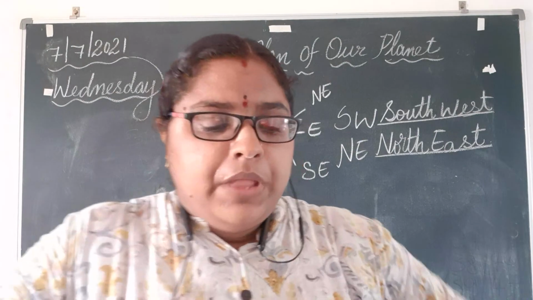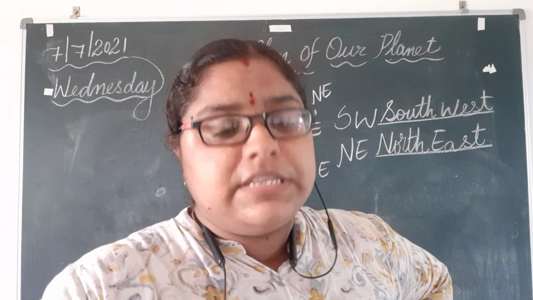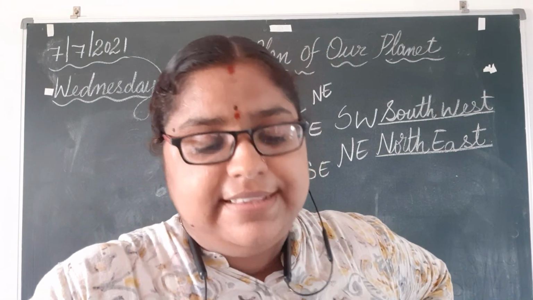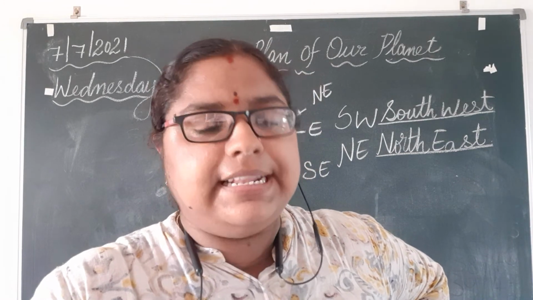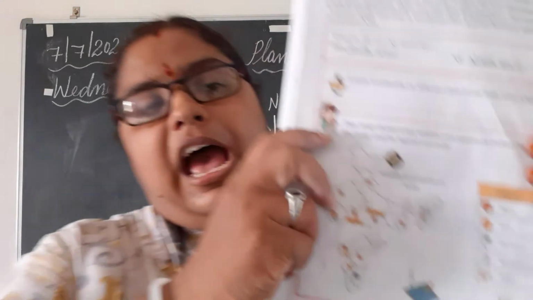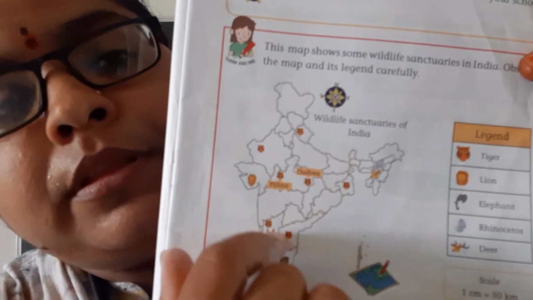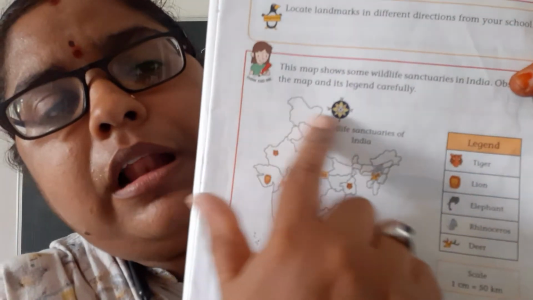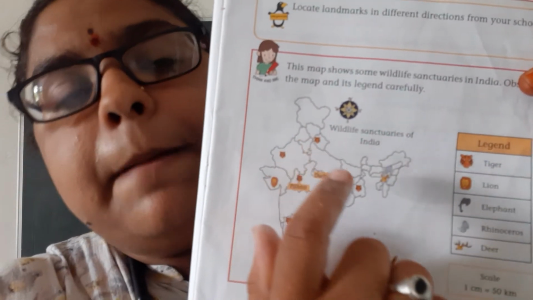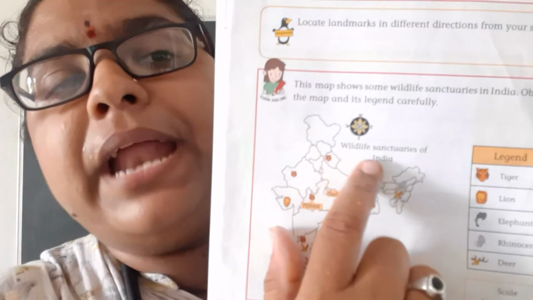Listen. This map shows some wildlife sanctuaries in India. Observe the map and its legend. Up to now, all that we have learned is given here. First, the map title. What is the map title here?